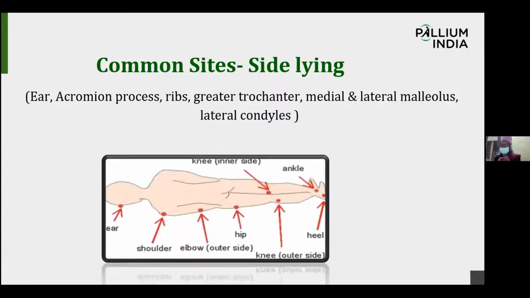If the patient is lying in right lateral or left lateral position, you have to keep a small pillow or a folded sheet between the knees so that we can prevent friction. You can see here there is a chance of developing a pressure sore in between. Always keep a small pillow or folded sheet between the knees to prevent friction in that area.